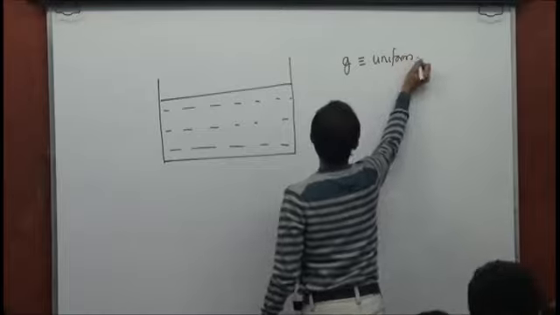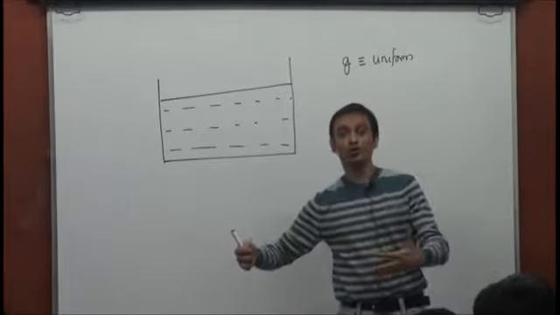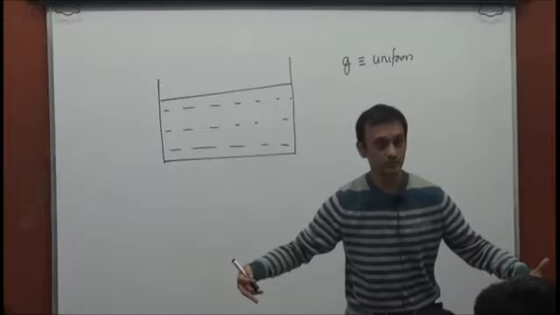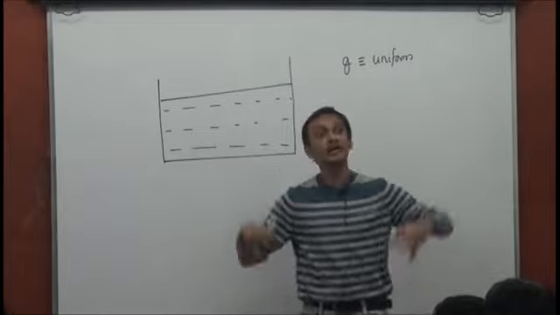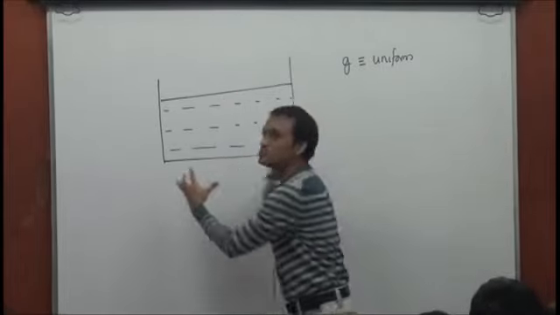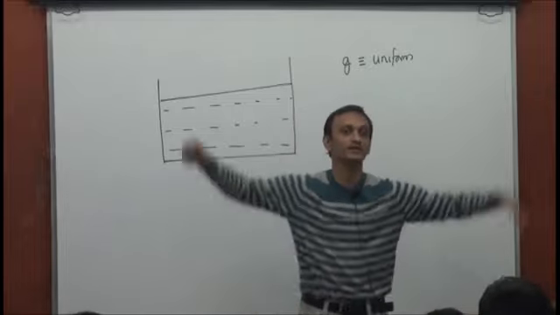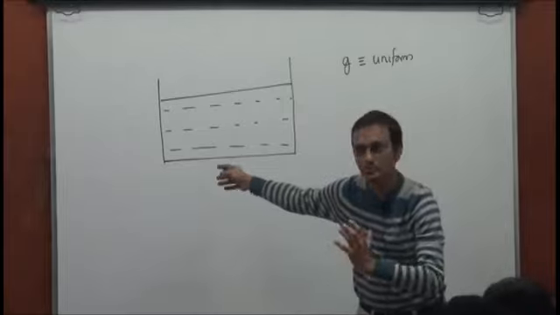g is uniform means, well, this container is not of the order of the size of Jupiter, right? If it were comparable to the size of Jupiter, then you'd have variable g. But this is much smaller compared to the radius of the Earth. It could be the Eiffel Tower also, and we can still imagine g to be practically constant.